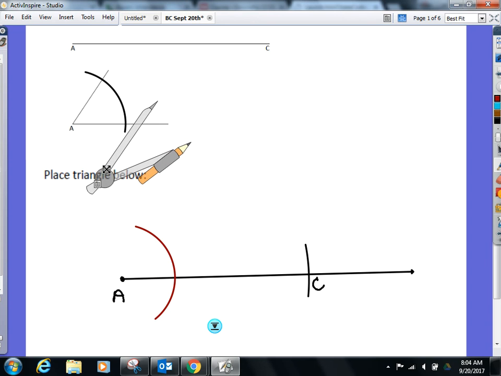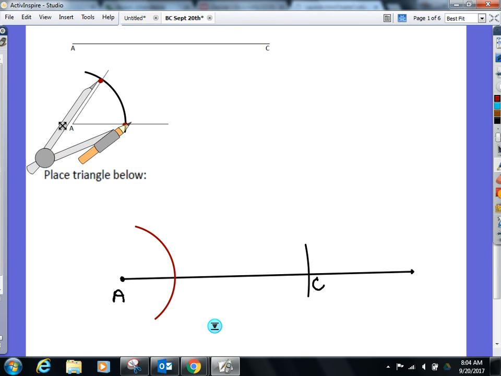Anybody remember now where we put our compass? Okay, now you have two points of intersection right up here. You are going to measure that distance between the points of intersection with your compass. No markings are needed. I'm going to measure that distance with my compass.